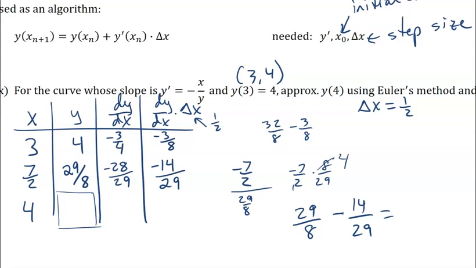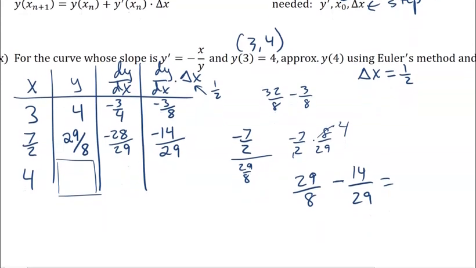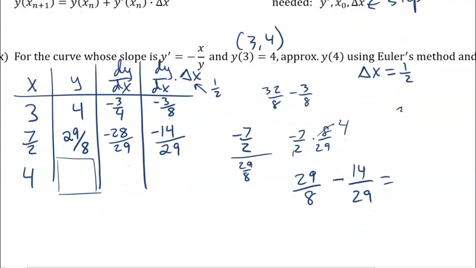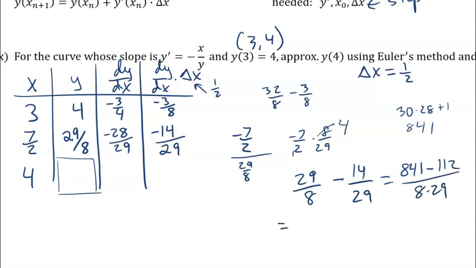Okay, so we need to get a common denominator. 29 times 29 is going to be 30 times 28 plus 1, so 841. Okay, so we've got 841 minus 14 times 8. I'm just getting a common denominator here. 14 times 8 is 112 over whatever 8 times 29 is. Figure it out in a second.